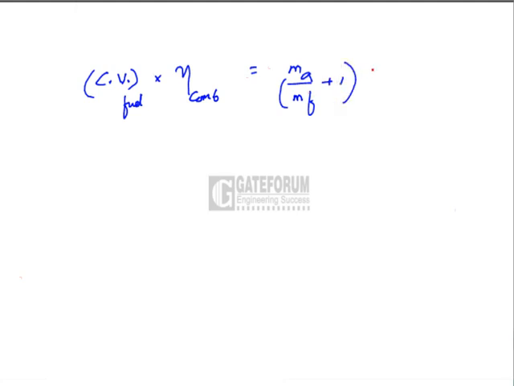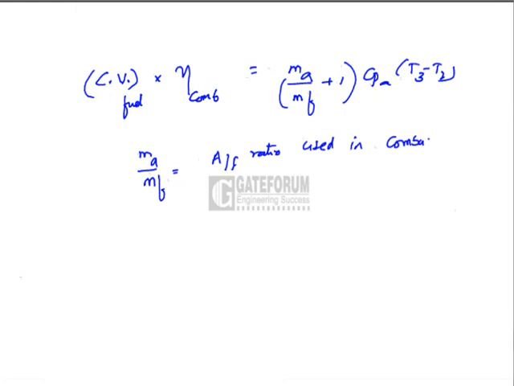Dividing both sides with mf, mass of the fuel consumed, we get calorific value of the fuel into efficiency of the combustion is equal to (ma by mf plus 1) into Cp of the air into (T3 minus T2), where ma by mf is the air-fuel ratio used in combustion chamber of gas turbine cycle.